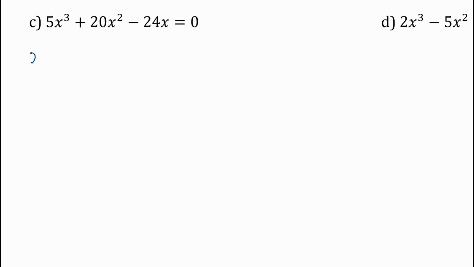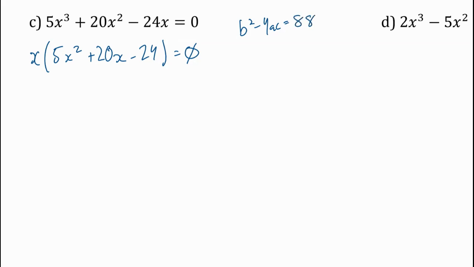So this one has a common factor, which makes it kind of look like not really a grade 12 question, because now we're going to just solve a quadratic equation. But there's a very specific reason why this question is here, and that's because b squared minus 4ac is 880.